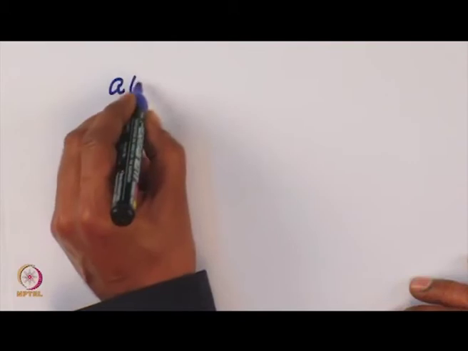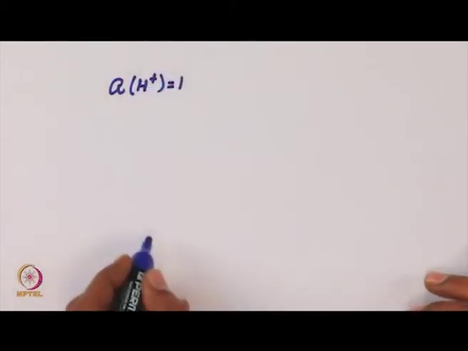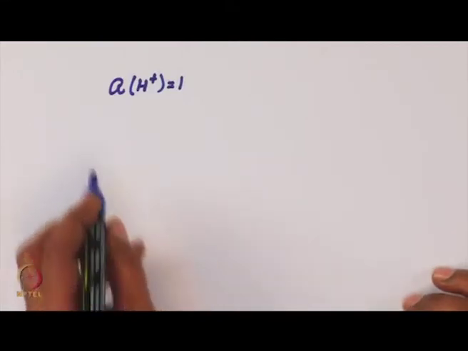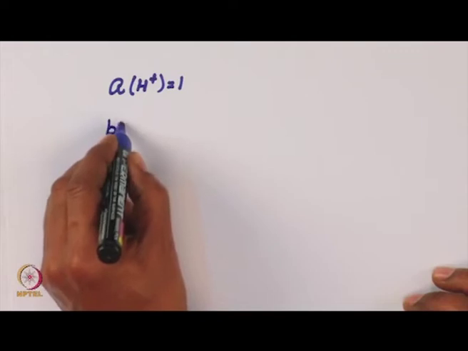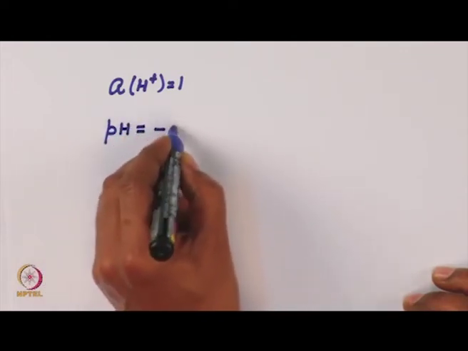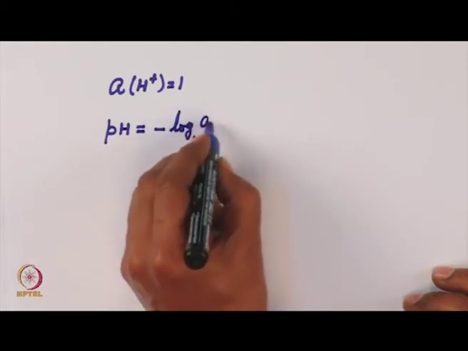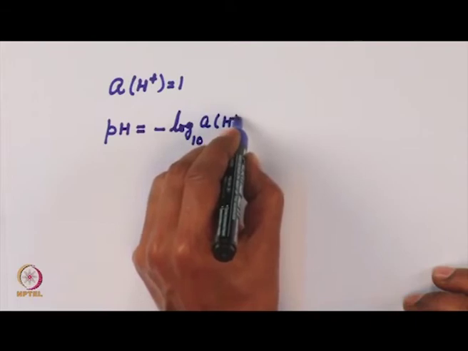Now, if activity of hydrogen ion is equal to 1, how do we define pH? pH of a solution is minus logarithm base 10 activity of hydrogen ion.